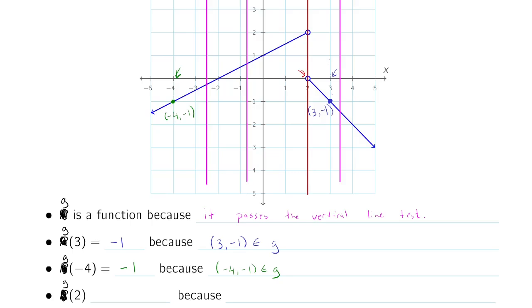And so what we see is that x equals 2 is not in the domain of g. And therefore, g of 2 is undefined. There is no y value that goes with the x value 2 because there's no point on this graph that has x coordinate 2.